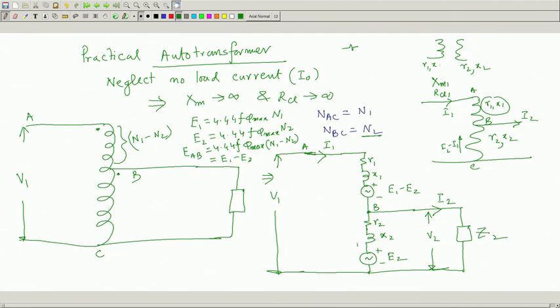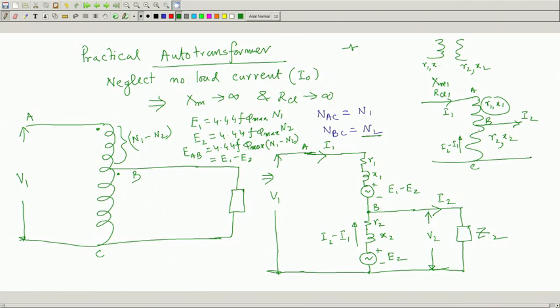So this current is I 2 minus I 1. So, therefore, the moment load is connected, some I 2 is flowing, it will draw some current I 1, and this time R 1 X 1, R 2 X 2 is present. I cannot easily say how much current it will draw by balancing output power and input power, because there will be power loss in this element as well. It is slightly complicated, but one thing is clear, the MMF balance, that rule must prevail.